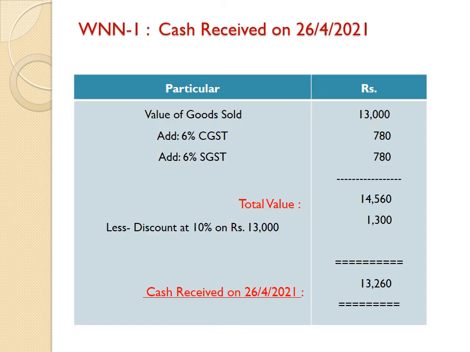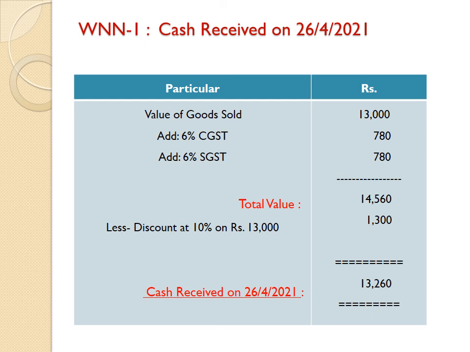Working note for cash received on 26 April 2021. Value of goods sold 13,000. Total GST is 12%. It has been divided into two parts, 6% for central and 6% for state.